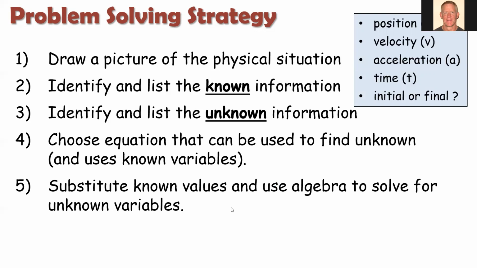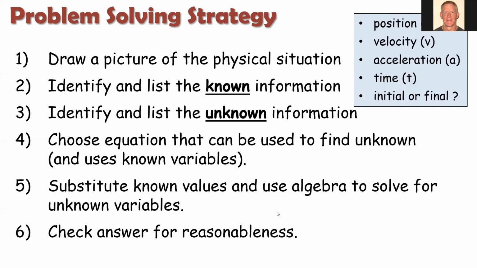And then once you pick the equation, go ahead and substitute in the known values. In many cases, we'll have to rearrange the equation to solve for the unknown. It won't always just be displacement or velocity that we're solving for. It could be time or acceleration. And then always look at your answer and check it. Is it reasonable? Does it make sense?